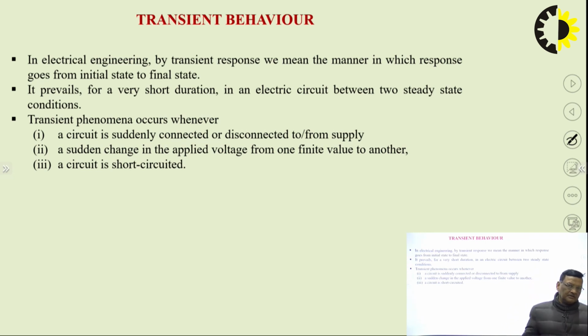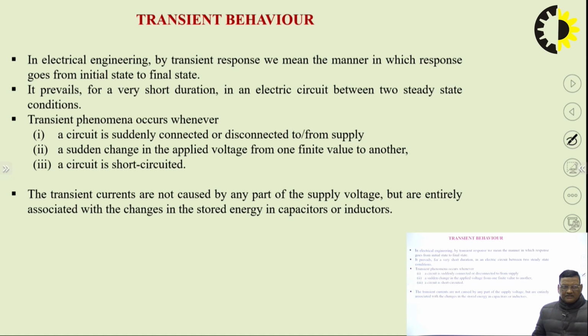The reasons for the occurrence of transient phenomena are: when the circuit is suddenly closed, connected to or disconnected from the supply; when there is a sudden change in the applied voltage from one finite value to another finite value; or when the circuit is short circuited. So, these are the conditions when the transient phenomena occur in a circuit.